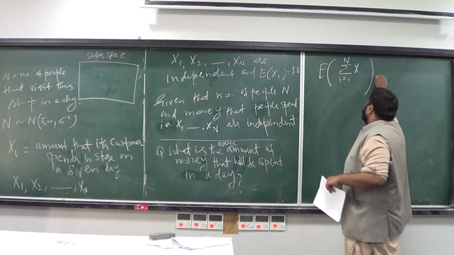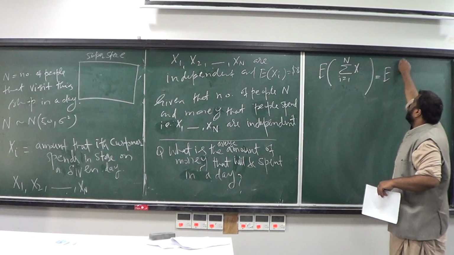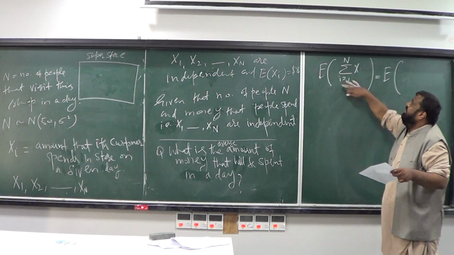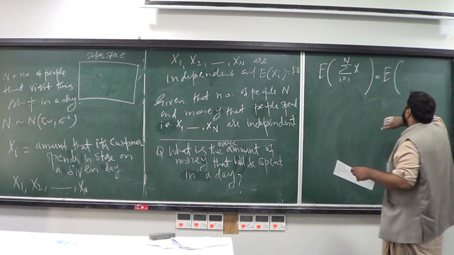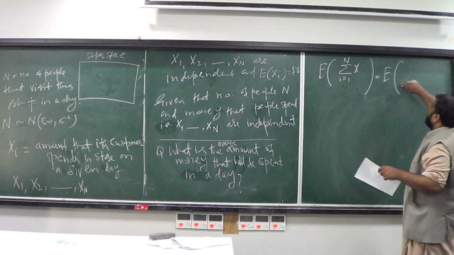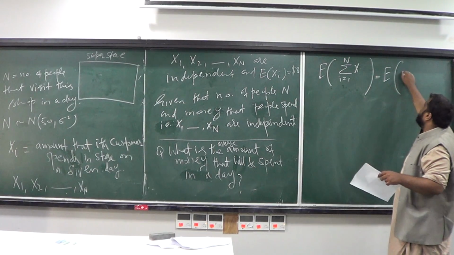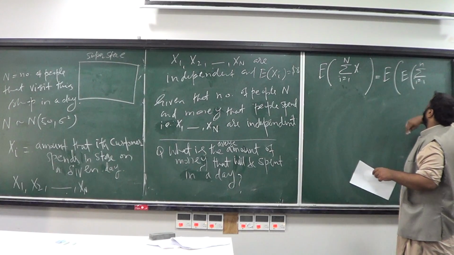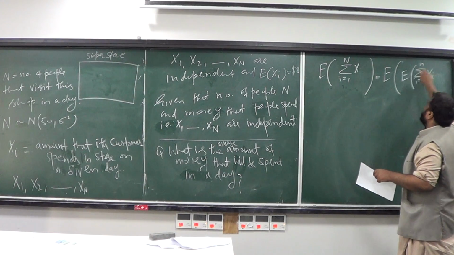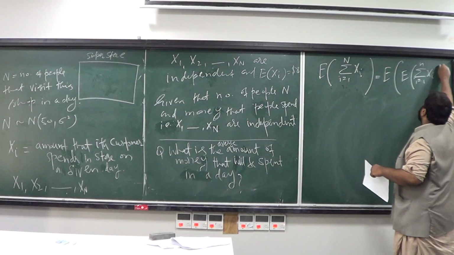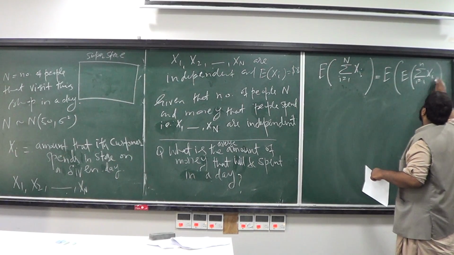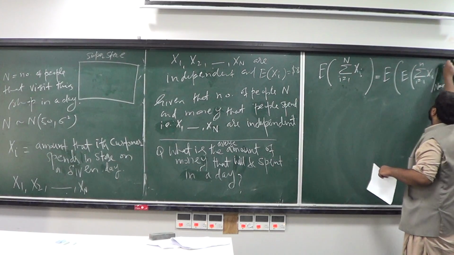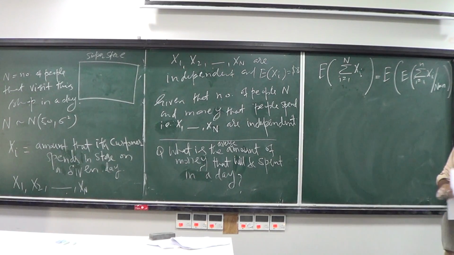Now this expectation can be written as follows. If I treat this as x, then the expectation of this can be treated as the expectation of the sum from i equal to 1 to n of xi, given capital N equal to small n.